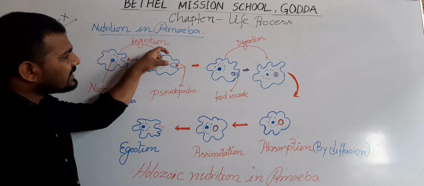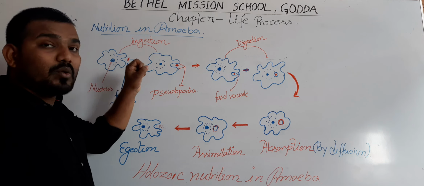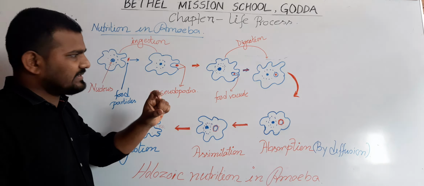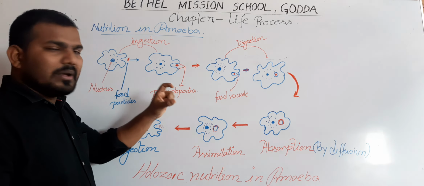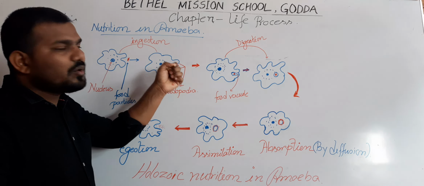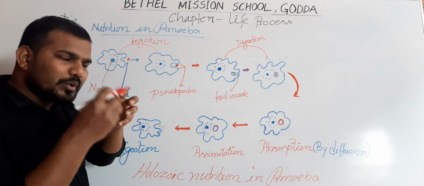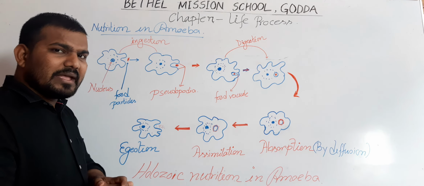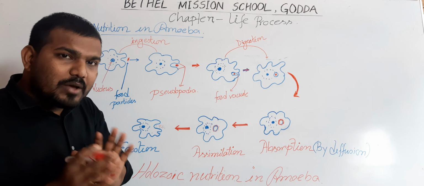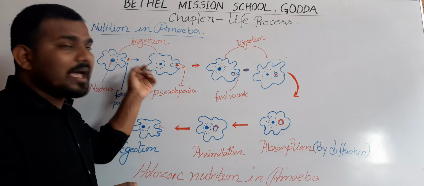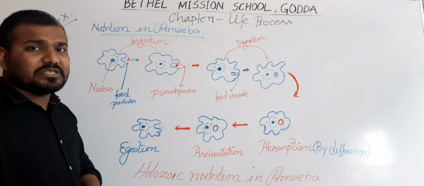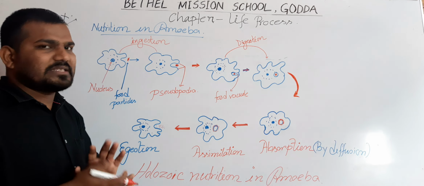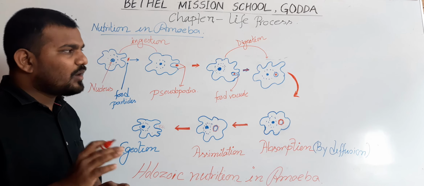Now this false leg, or pseudopodia, surrounds the food material. Suddenly they form a vacuole within which the food material is taken in. The process by which food is taken in by the amoeba is known as phagocytosis, or ingestion, the intake of food.